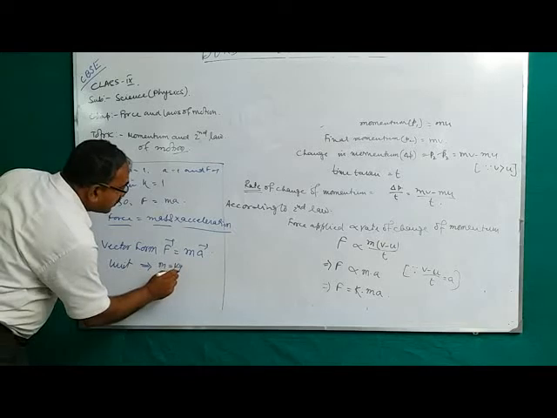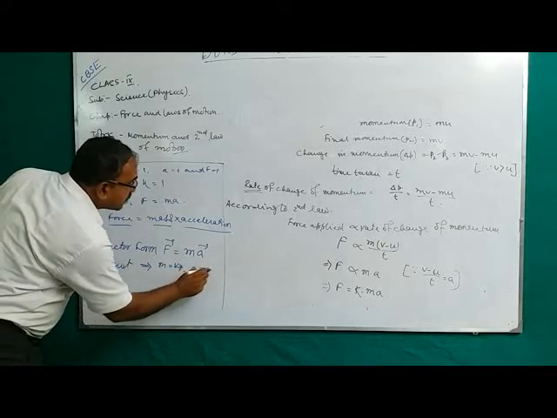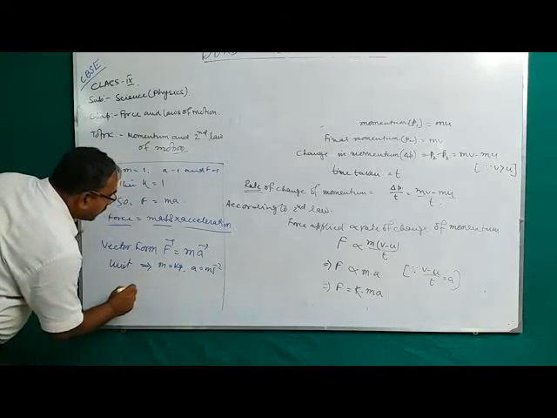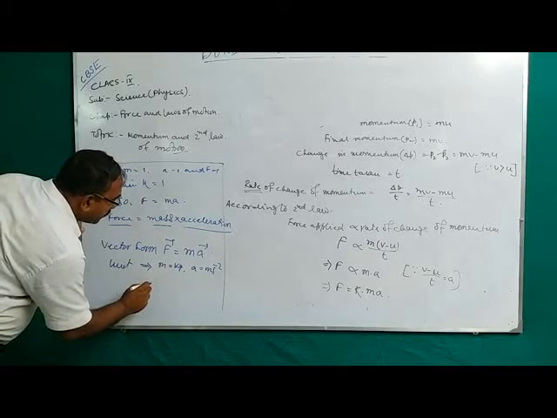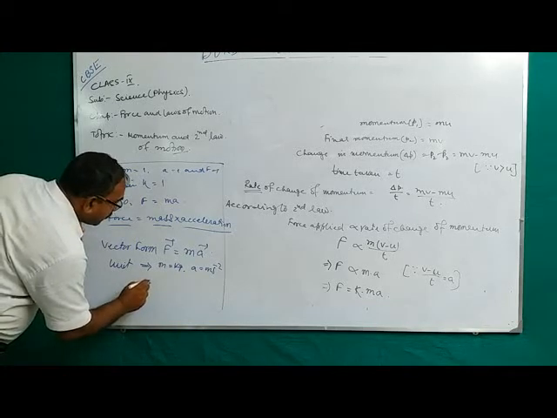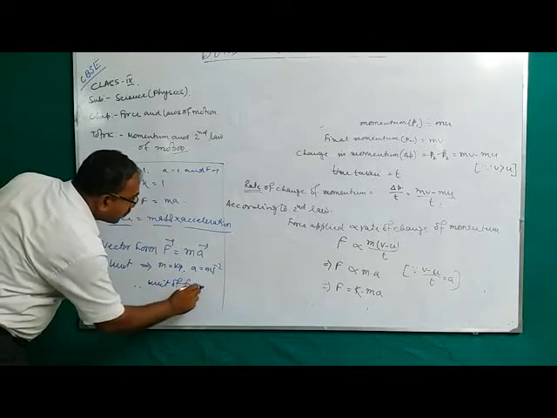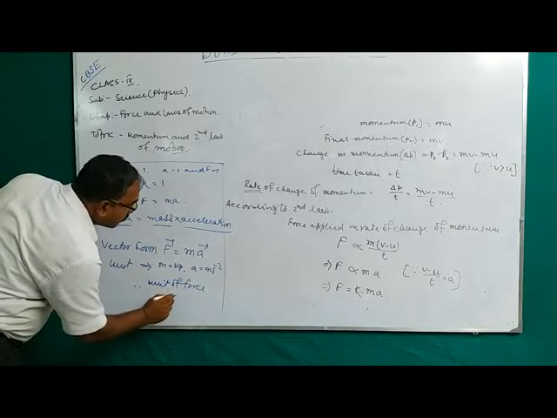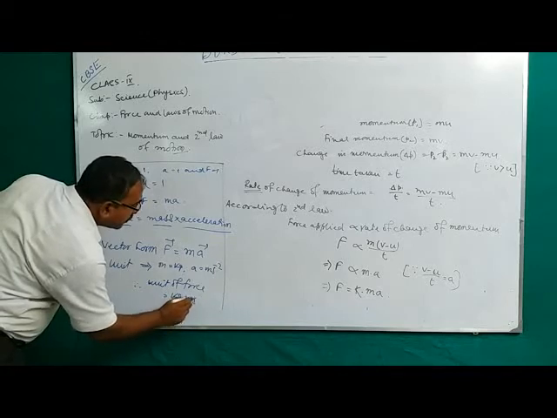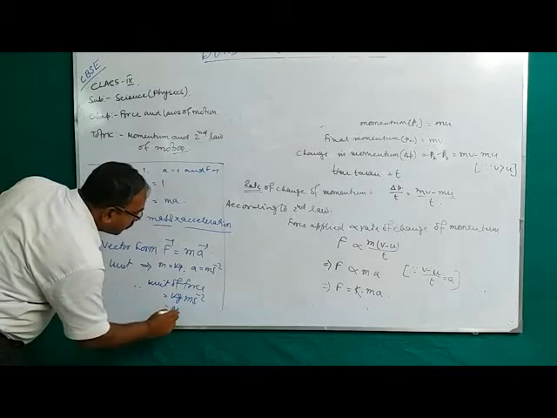Unit of mass is kg and acceleration is meter second to the power minus 2. That time the unit of force is equal to kg meter second to the power minus 2, equal to Newton.